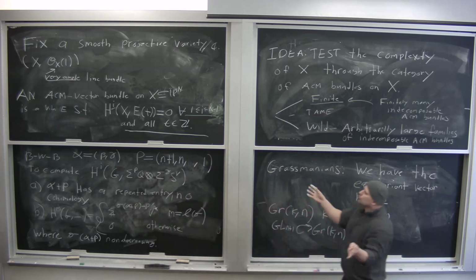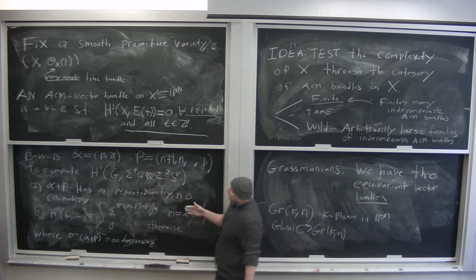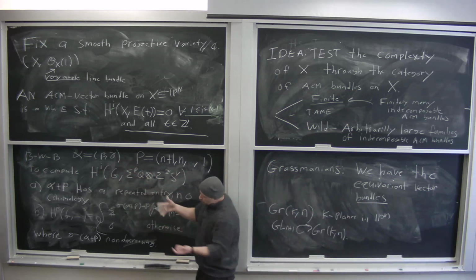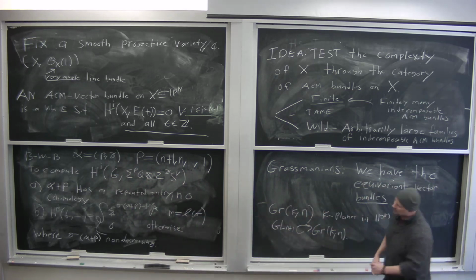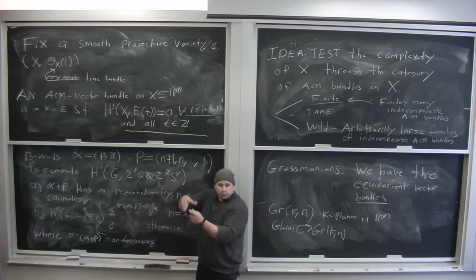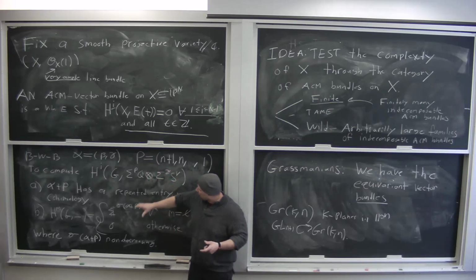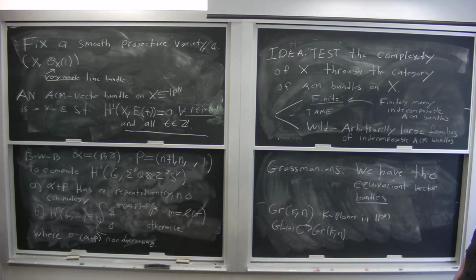You have to be able to deal with negative things in here, because I never said anything there, but that corresponds to twisting by some line bundle. There's a formalism that tells you how to deal with this: essentially you twist up so you get something positive, you do this, and then you twist back.